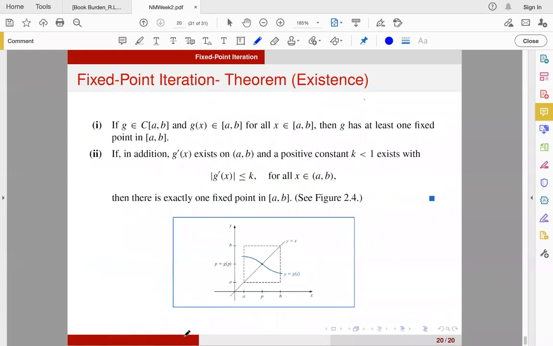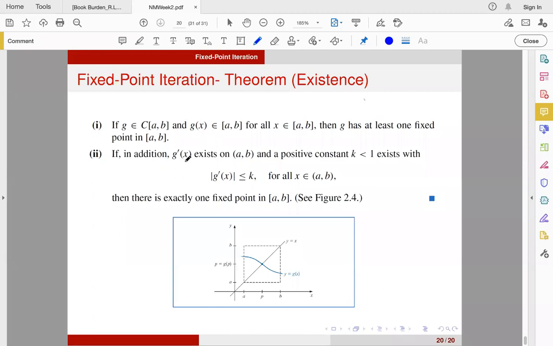Okay, so this is the theorem that guarantees the existence of a fixed point. The function must be continuous, and if the function is continuous, then it guarantees that the function has at least one fixed point.